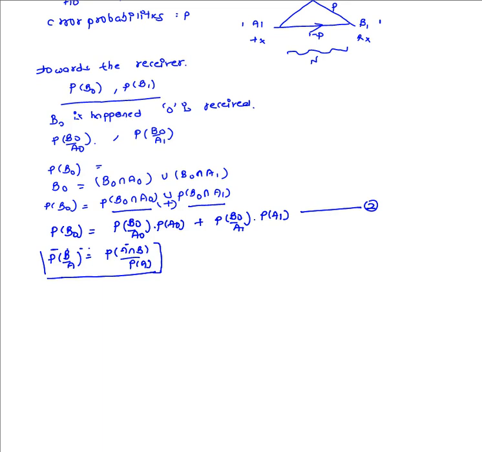Now we have earlier seen that P of b naught divided by a naught is simply the correct probability, that is 1 minus p, and P of b naught divided by a1 is simply the error probability, that is p.